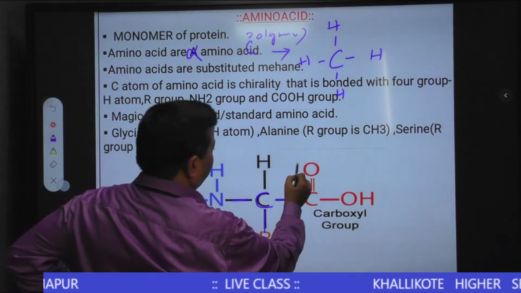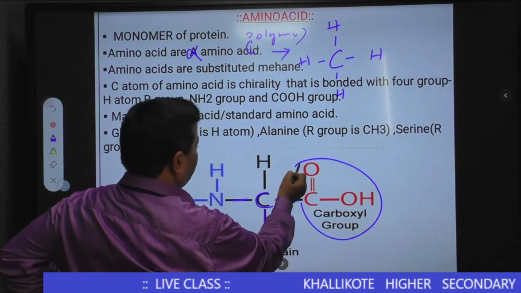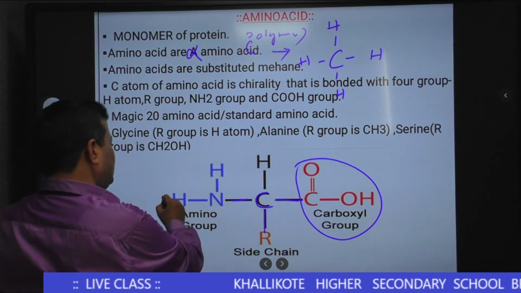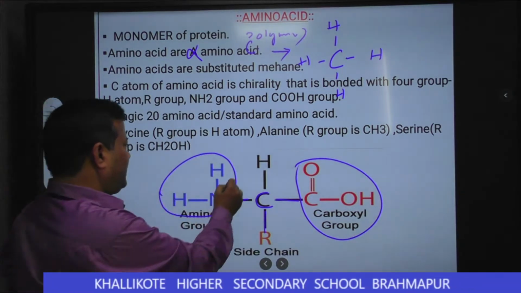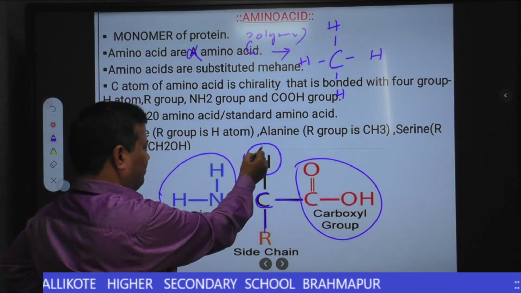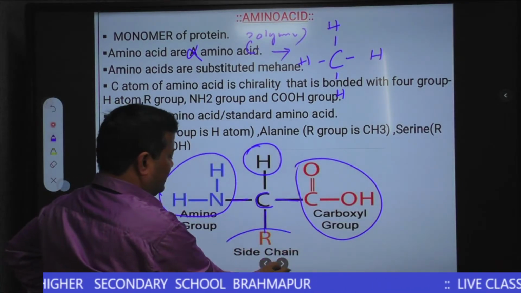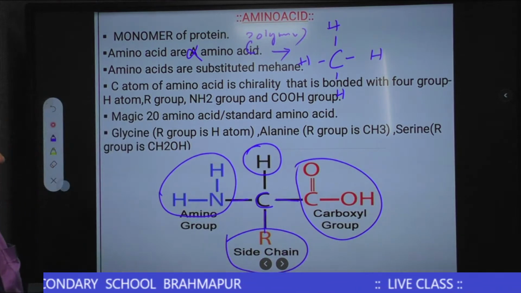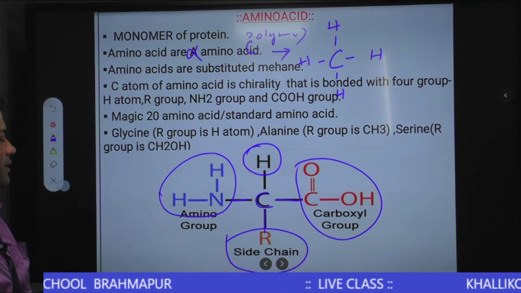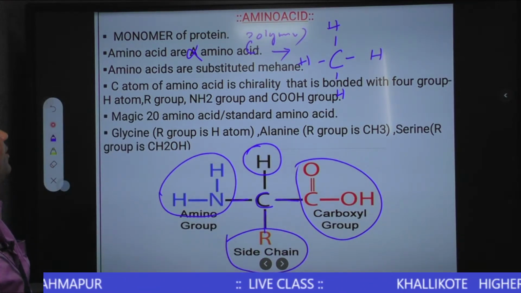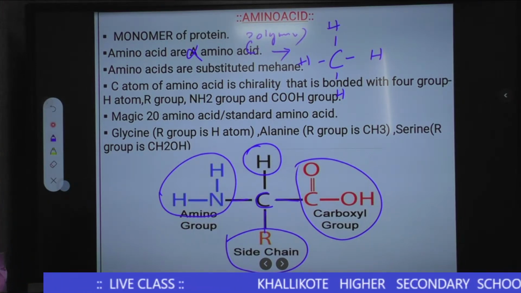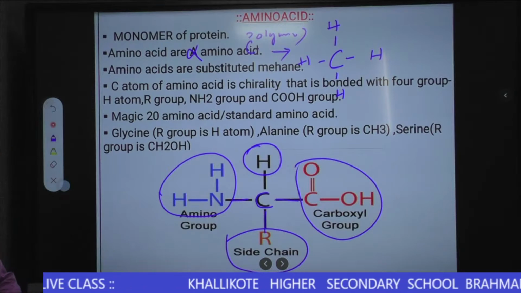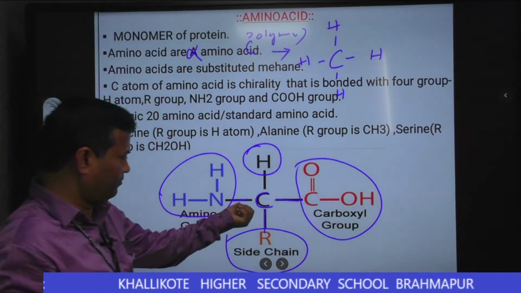One is a carboxyl group or acidic group, then an amino group or basic group, a hydrogen atom, and a side chain, R. R means an alkyl group, which may be methyl, ethyl, propyl, butyl, and so on. So four functional groups remain attached to the carbon atom, and this carbon is called the alpha carbon atom.